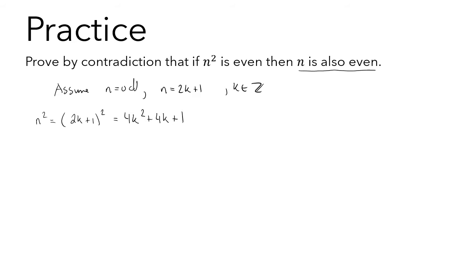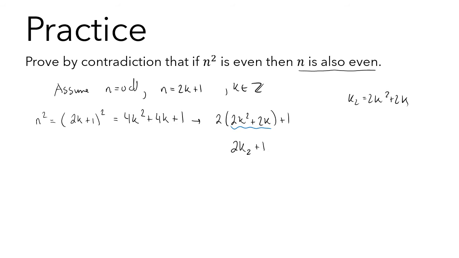Now we can rewrite this as 2 times 2k squared plus 2k, plus 1. Now notice that this is just an integer, so I could really rewrite this as 2 times k2 plus 1, where k2 is equivalent to 2k squared plus 2k.